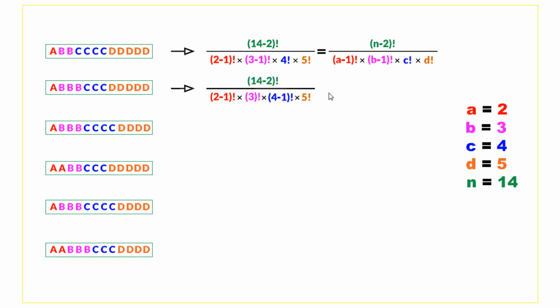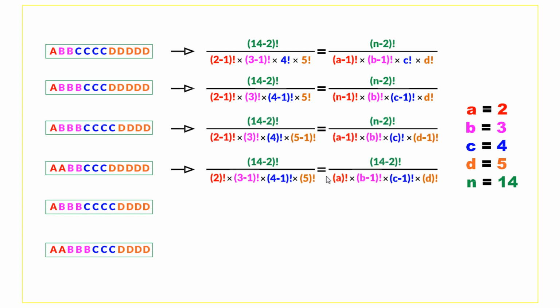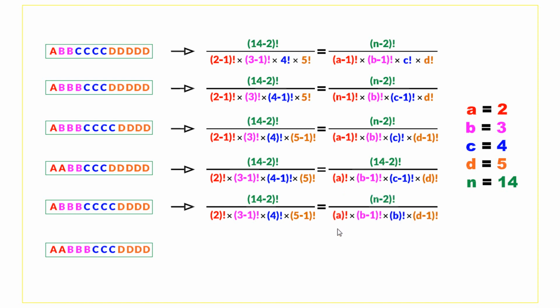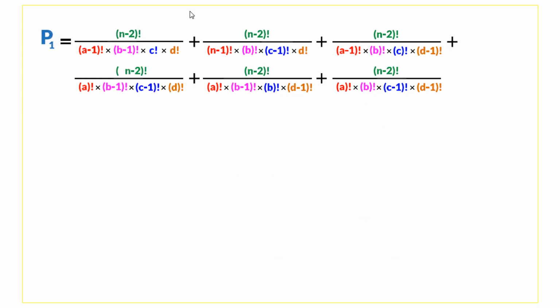So we repeat that for each word and we get all these formulas, and now we have to add them up. So we add all these formulas together and we call them P1, and the reason why is because there will be another set of words coming later.